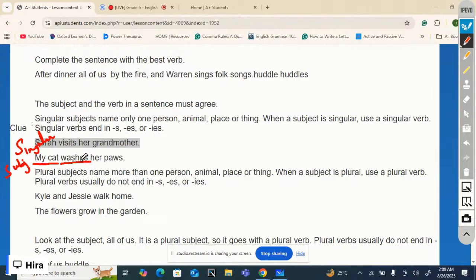So the verb is also singular because if the subject is singular, use a singular verb, and washes is a singular verb. How do we know washes is the singular verb? Because it ends in es.